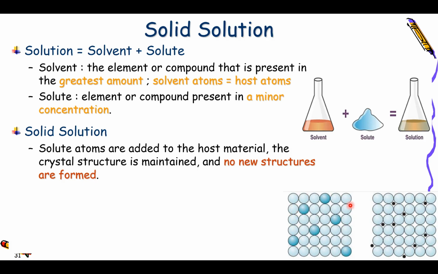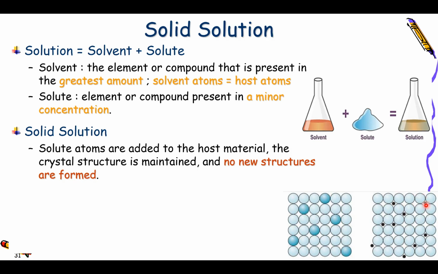So if the original structure is a BCC structure, and you put foreign atoms into this crystal, it still presents a BCC structure. It cannot change. Okay? And this one is called interstitial solid solution because the foreign atom is smaller than the original atoms.